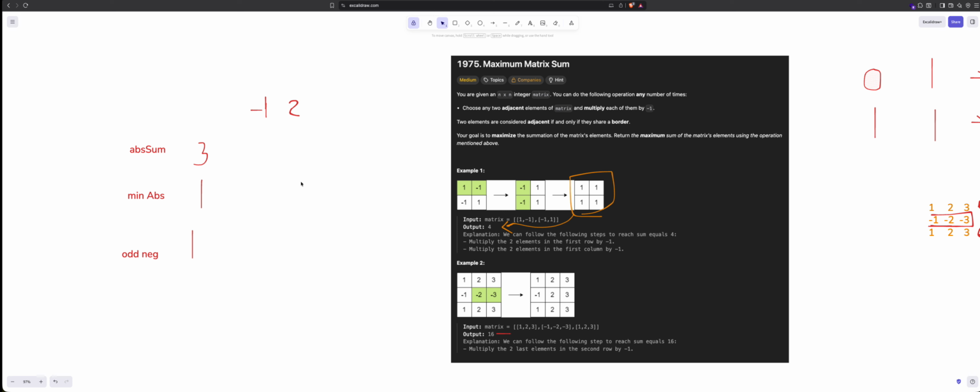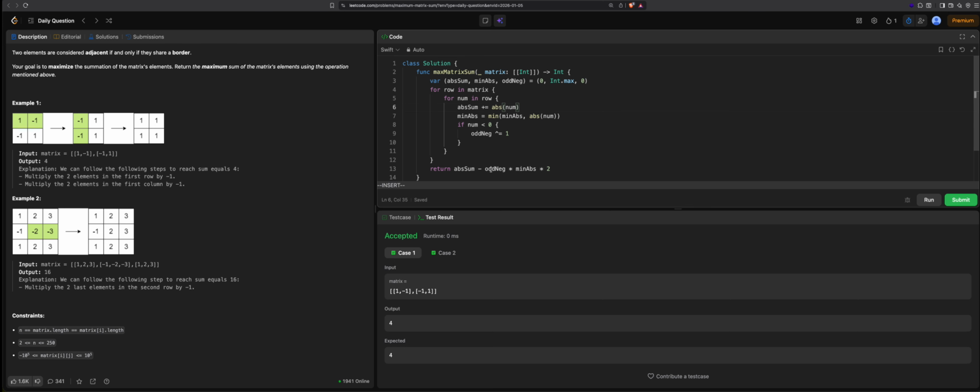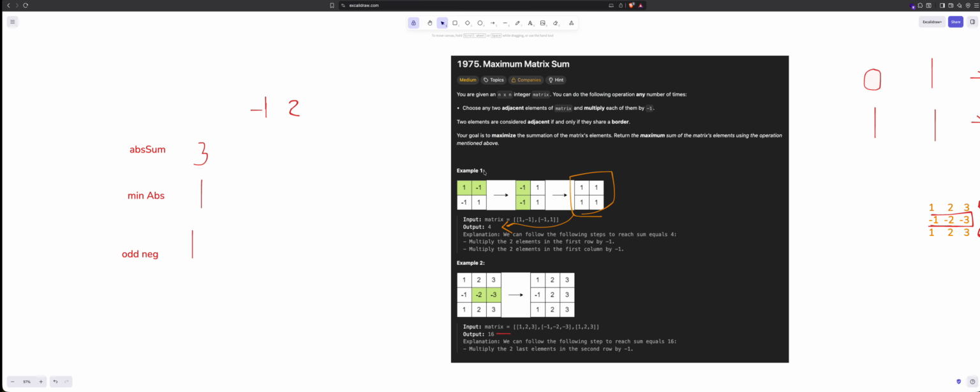If we do absolute sum minus minimum absolute, as we do here, that will be only 2. But we want to receive the answer 1, because we have to return the total combination. Let's consider we have only one matrix here, and whatever we multiply with -1, we want -1 or -2. Pretty sure we want -1. By adding -1 and 2, that would be the answer of 1.